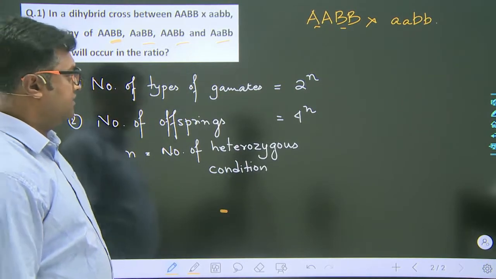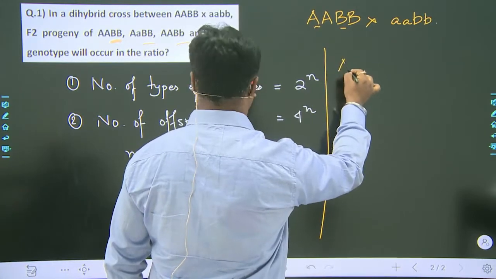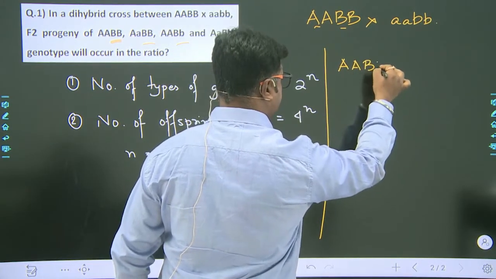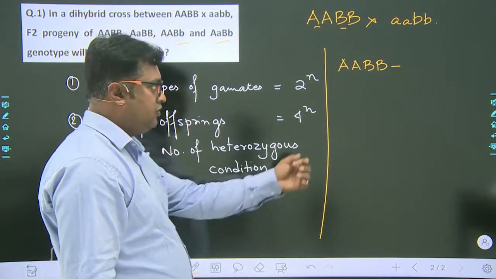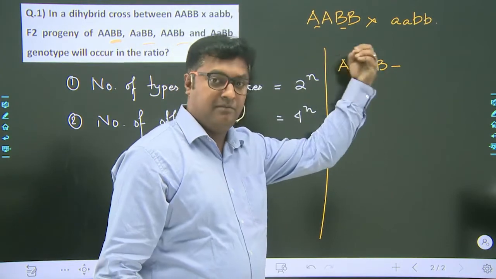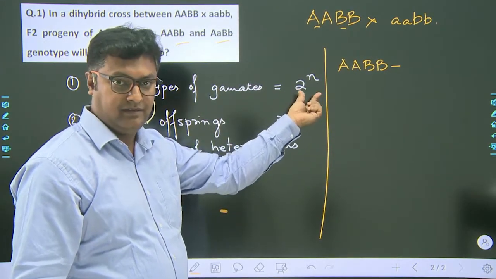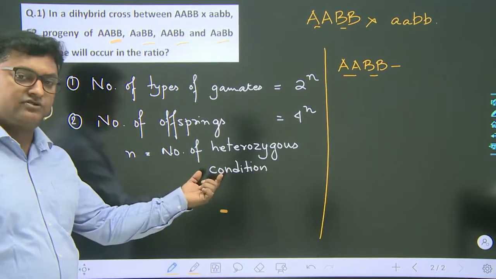And what are the following progenies over here? First of all, we have to find out how many times capital A, capital B will occur. For the number of genotypes occurring, we will use 2 to the power n. First we find the heterozygous condition.